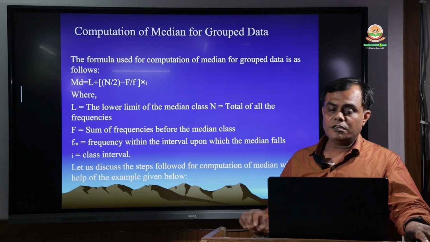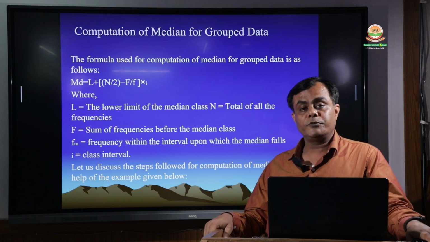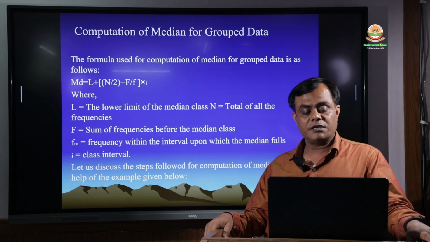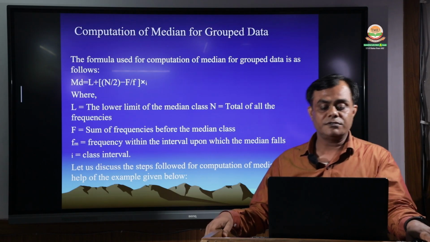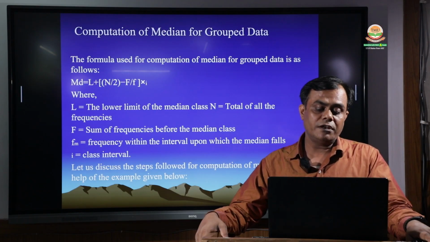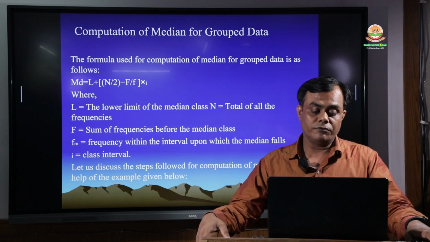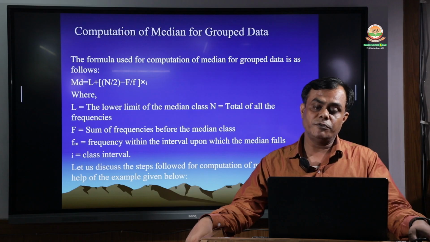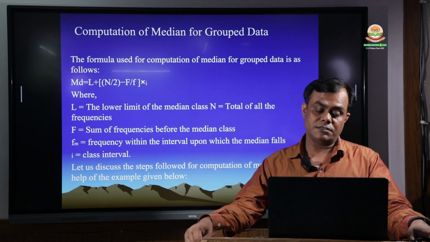Next, the computation of median for the group data. The formula used for computation of median for the group data is as follows. MD is equal to L plus (n by 2 minus f) divided by fm, multiplied by i, where L is the lower limit of the median class, n is the total of all the frequencies, f is the sum of the frequencies before the median class, fm is the frequency within the interval upon which the median falls, and i is the class interval.